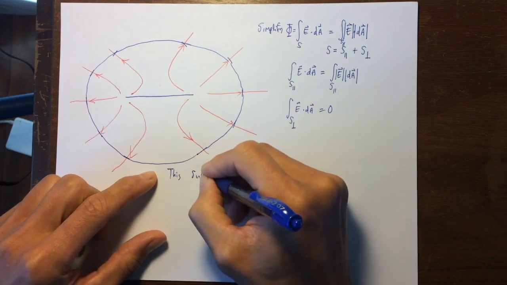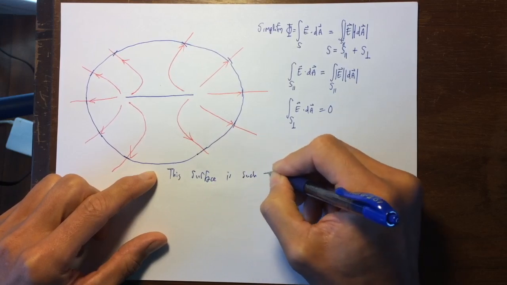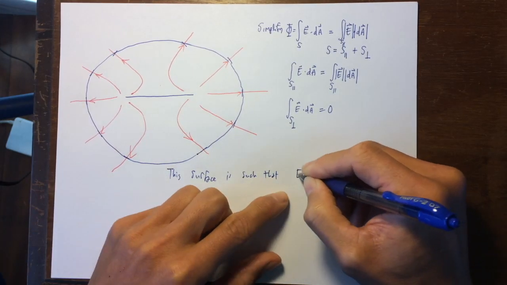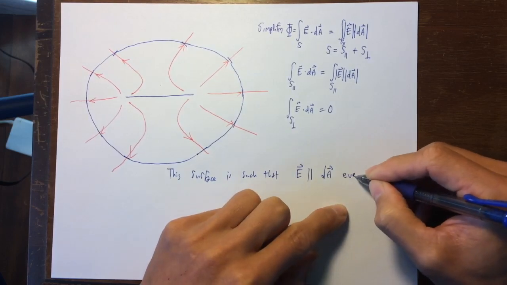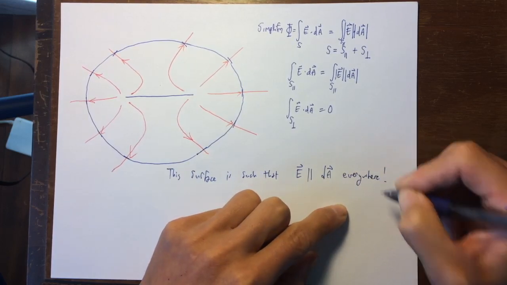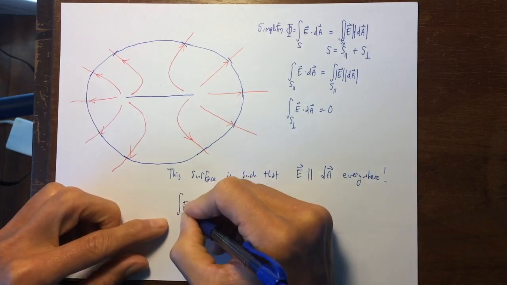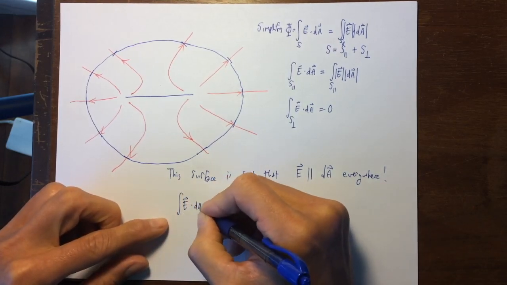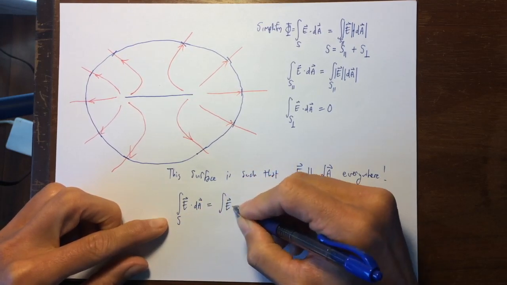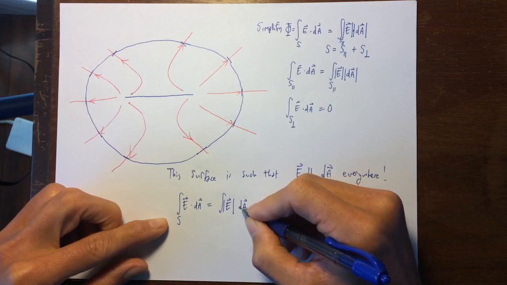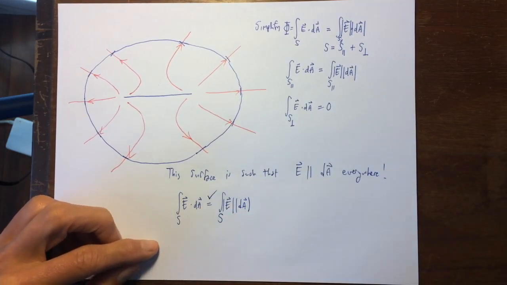This surface is such that E is parallel to dA everywhere. So that's good, which means that I have been able to do this. So this is good for this surface.